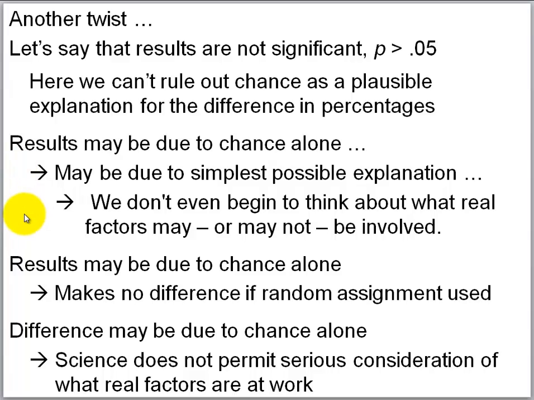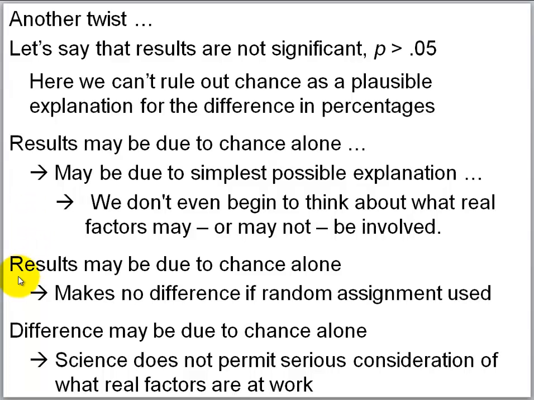In such a situation, science doesn't permit us to think about real factors that may or may not also be involved. If chance alone is sufficient, that's basically the end of our thinking. We don't have permission to do further thinking. We don't have solid grounds to think that real factors are also involved.